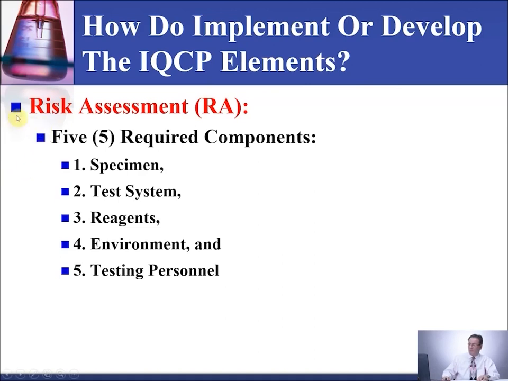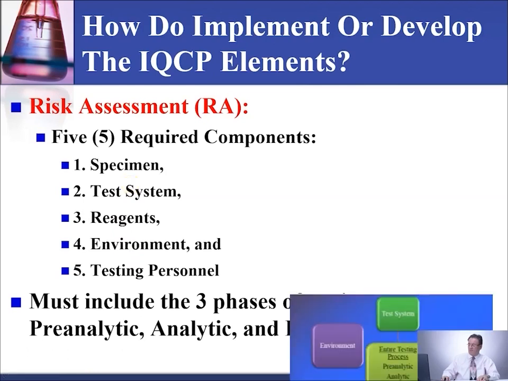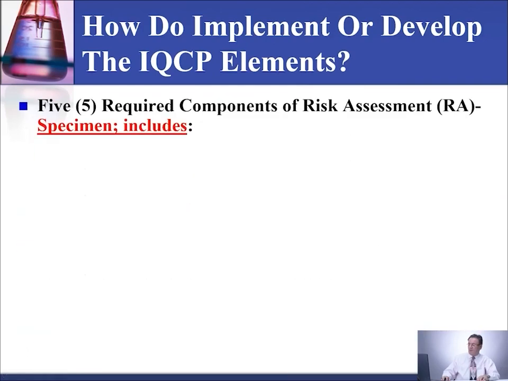So we're going to evaluate the risk assessment using the 5 required components: specimen, test system, reagent, environment, and testing personnel, which we also said must include the 3 phases of testing: pre-analytical, analytical, and post-analytical. So we start with the specimen.